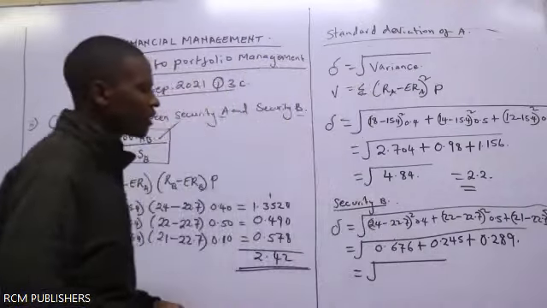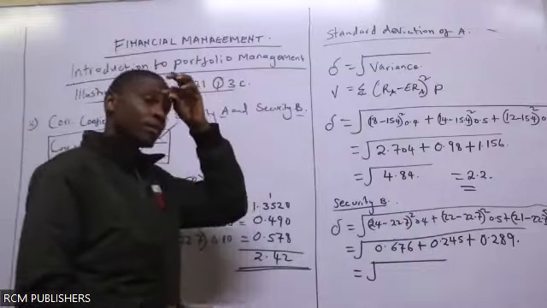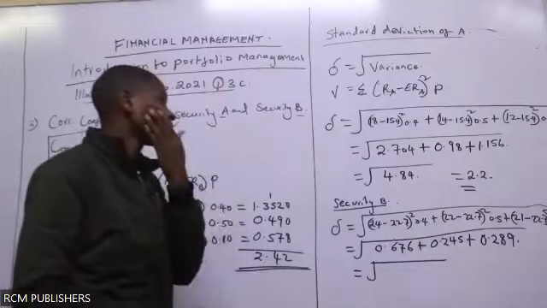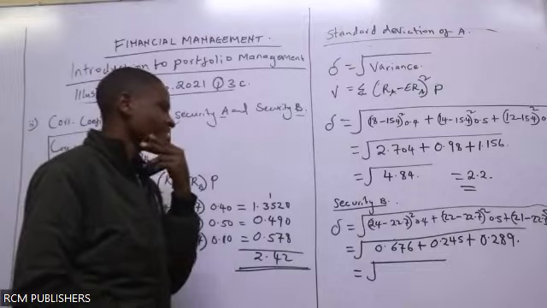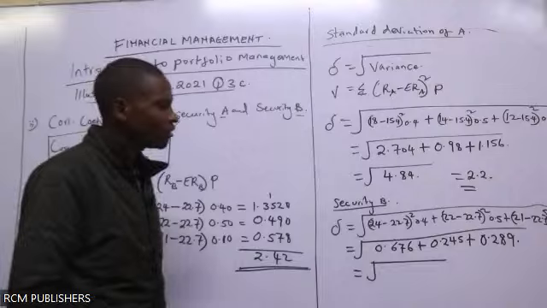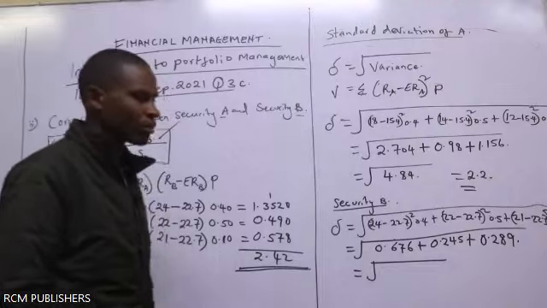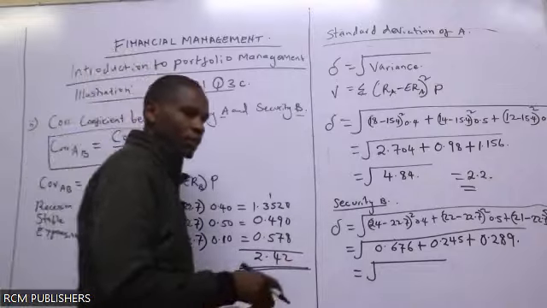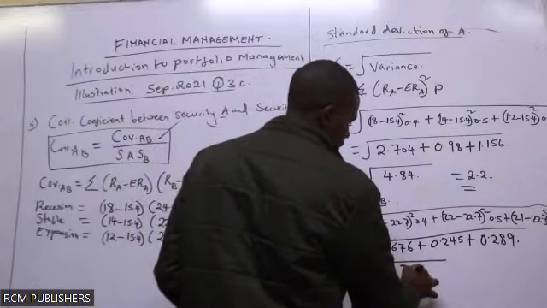What's the summation of that? The summation here will be something like 1. Give me three decimal places. Okay, even two is fine.